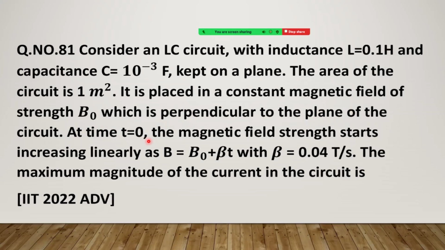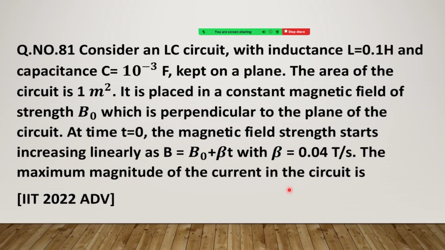At time t equal to 0, the magnetic field strength starts increasing linearly as B naught plus beta t, and given the beta value, the maximum magnitude of the current in the circuit is.